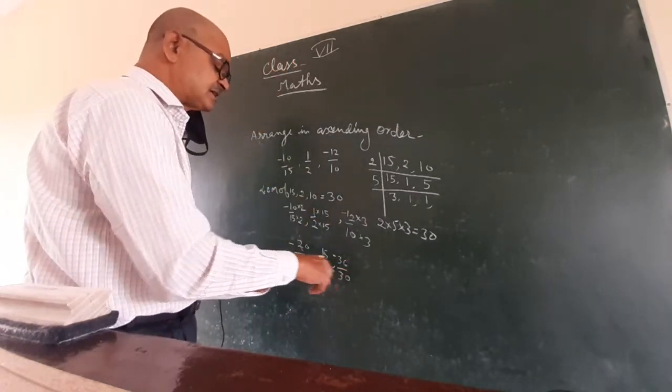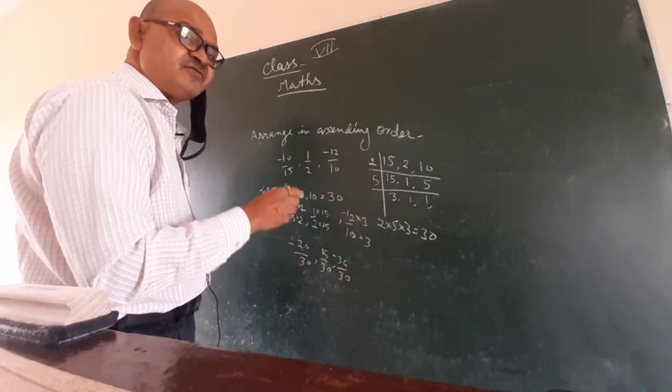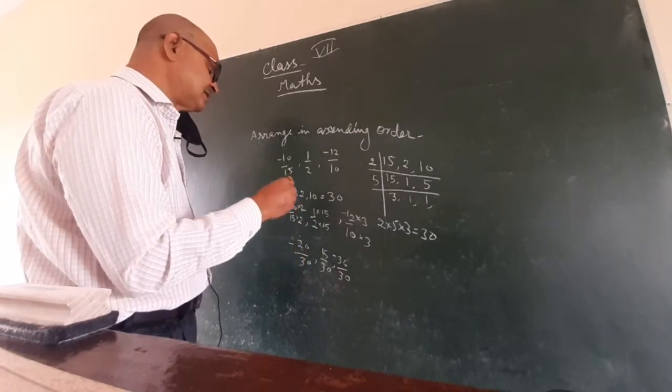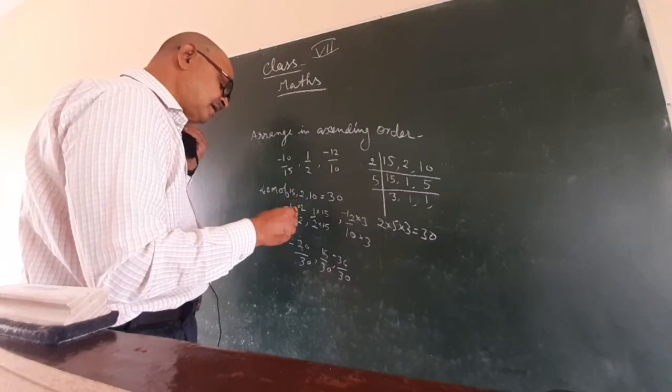All denominators are the same, so we can easily find which number is greater or smaller.